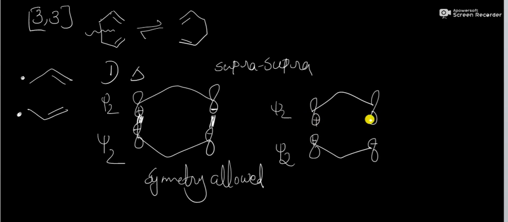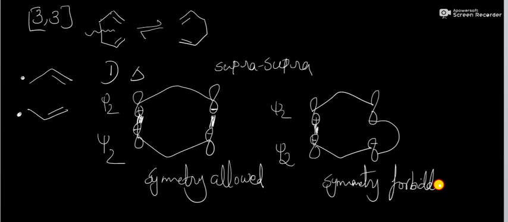This is plus minus. Then supra-antarafacial migration. This is supra. This is antarafacial migration. Here one sigma bond is bonding interaction. Another sigma bond is anti-bonding interaction. So it is symmetry forbidden. This is the case of supra-antarafacial addition.